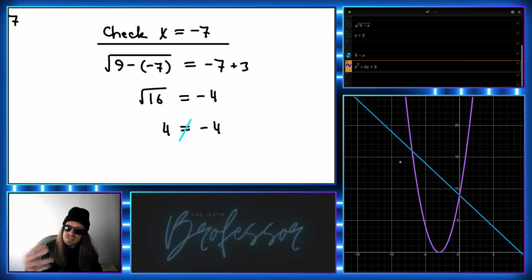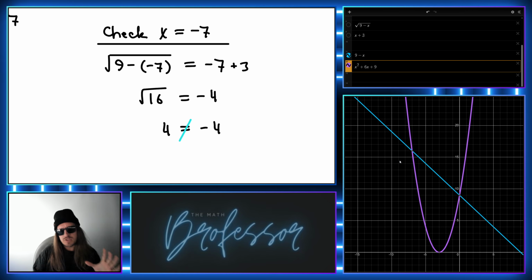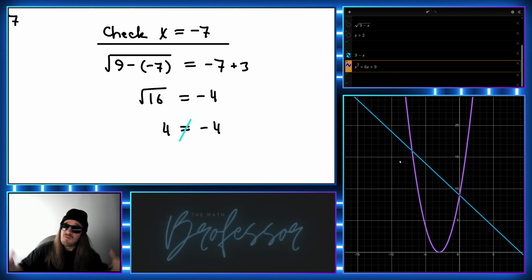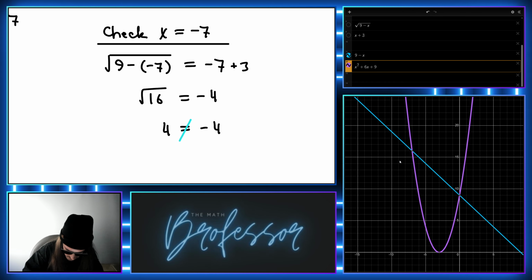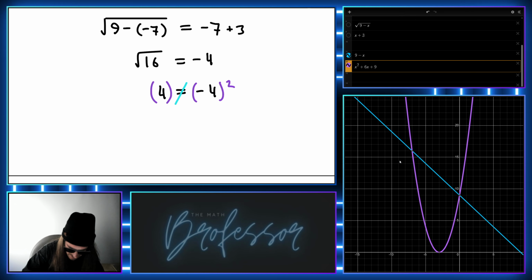And again, it seems so close. Wow, you get 4 equals -4. Like that almost worked. Well, this goes back to what I started the whole video with: you can take this statement, which is not true, and square both sides and make it a true statement.